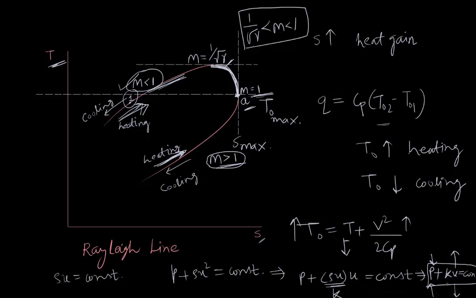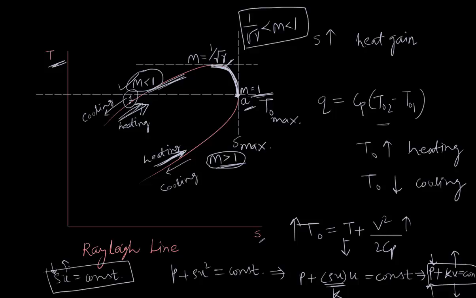Now what will be the effect on density? From the continuity equation, rho u is equal to constant. We know that if we add heat to the subsonic flow, its velocity increases, and from this equation, density is inversely proportional to velocity, and hence density will decrease.